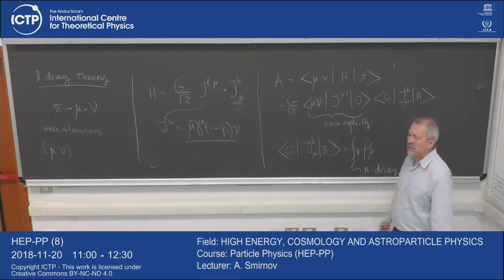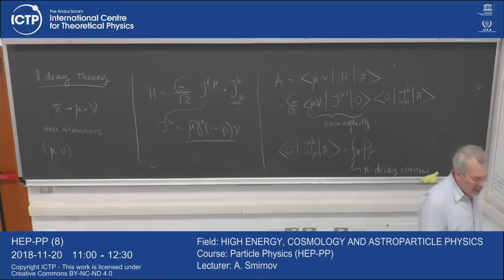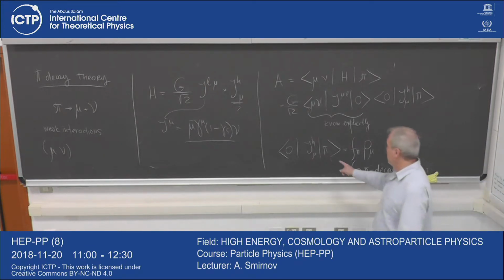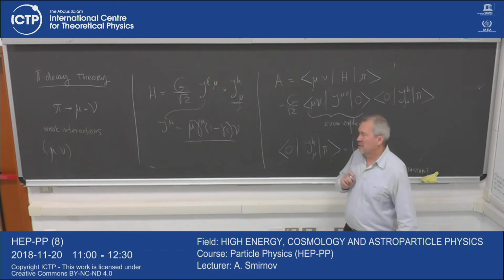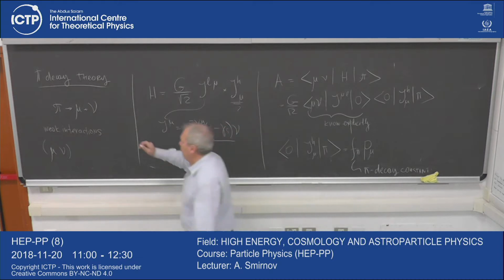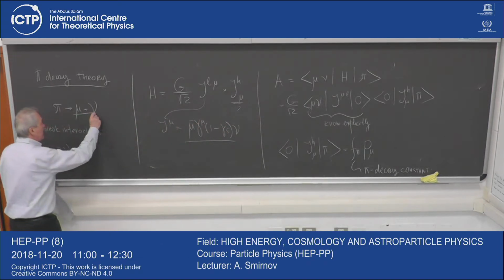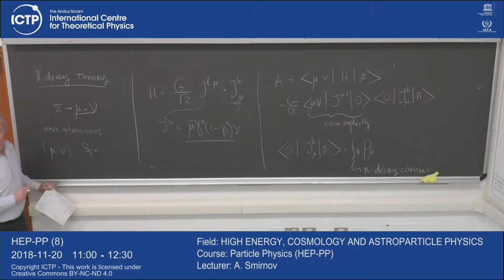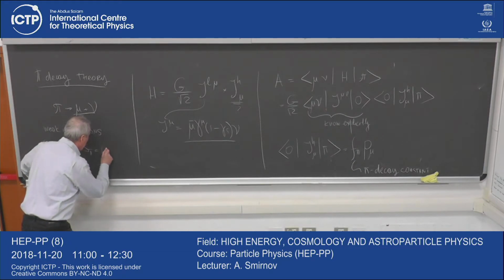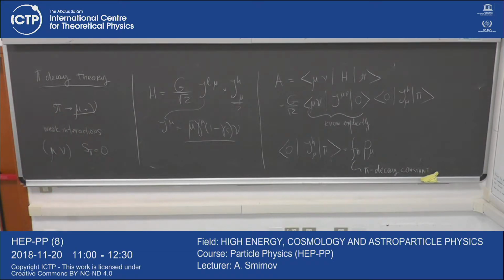Remember we estimated the dimensions of the current in the case of two fermions in the initial and final state, and that was mass to the third power, right? Here we have bosonic fields. So here is bosonic and this is a bosonic state. I didn't mention, but clearly if you have this type of decay, the spin of the pion should be an integer, right? And the simplest possibility is that the spin is 0. That was then confirmed.